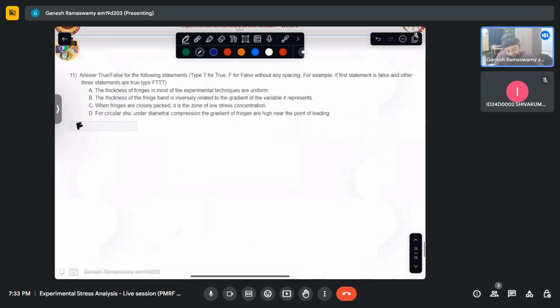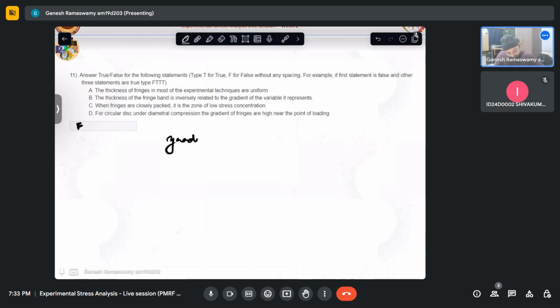So the thickness of the fringe is inversely related to the gradient. If the gradient is high, that means variation in K is very high over the distance.